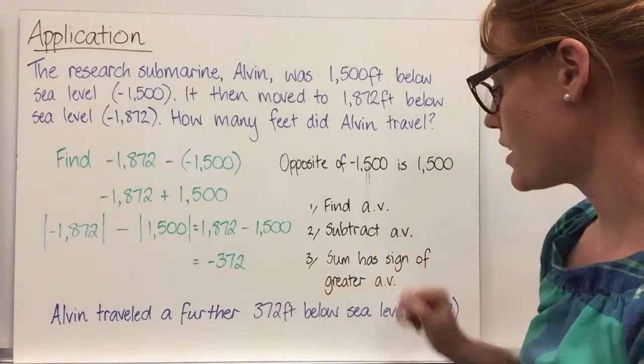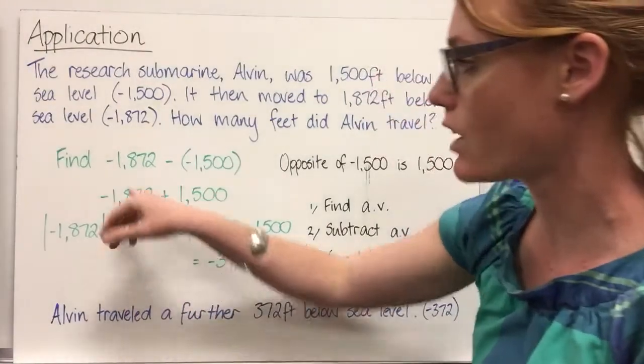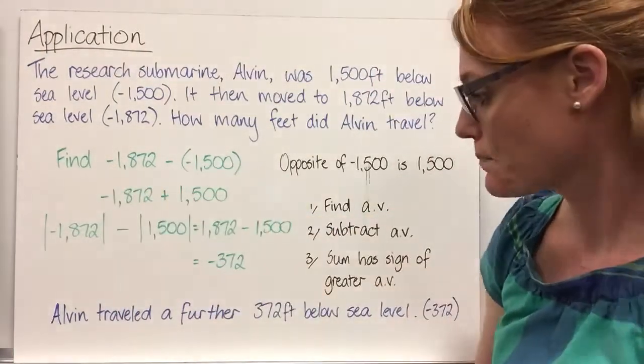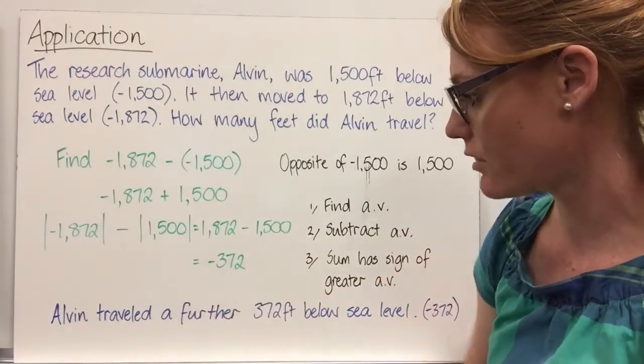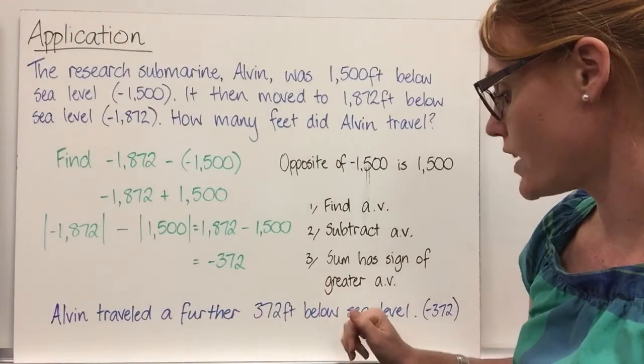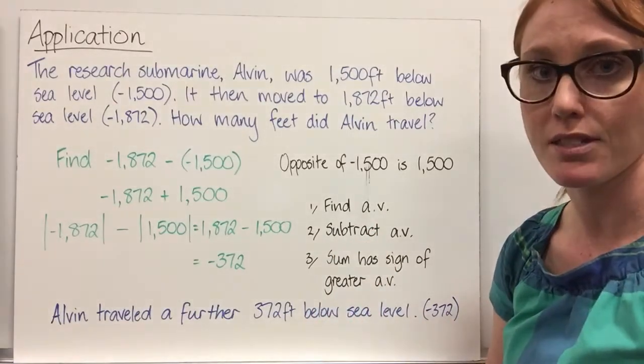And remember, our sum has the sign of the greater absolute value. And in this case, the greater absolute value was 1,872, and that was a negative number. So our sum has a negative sign as well. So Alvin traveled a further 372 feet below sea level, which is represented by negative 372.